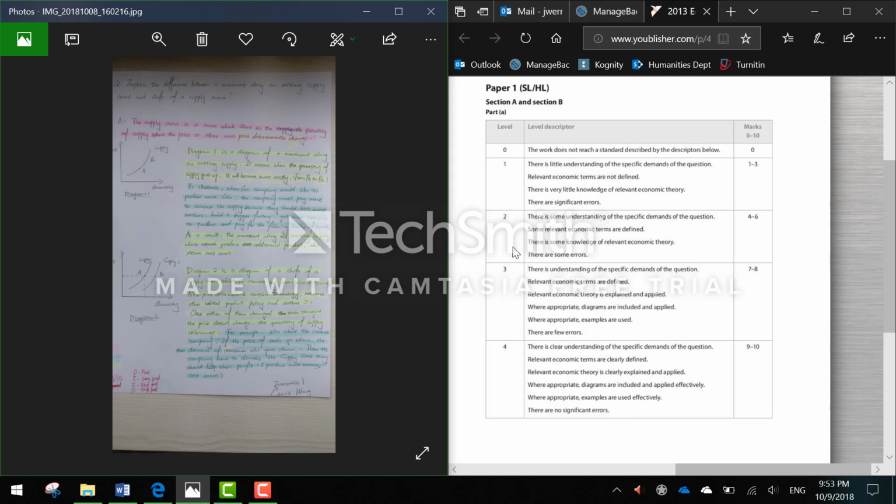Therefore, unfortunately, well, it's only a practice paper 1, so it's okay. I think the student would receive a 4 or a 5 out of 10. It's a level 2 response, but there are several problems.